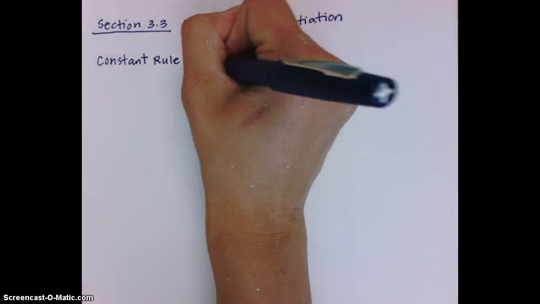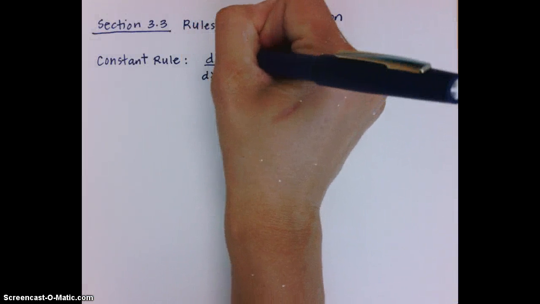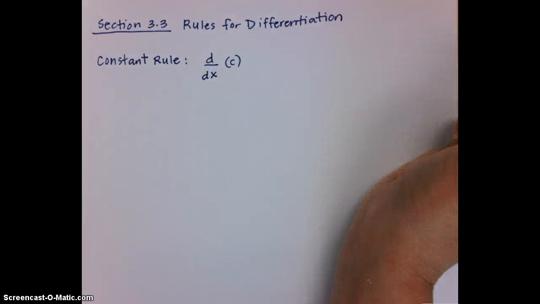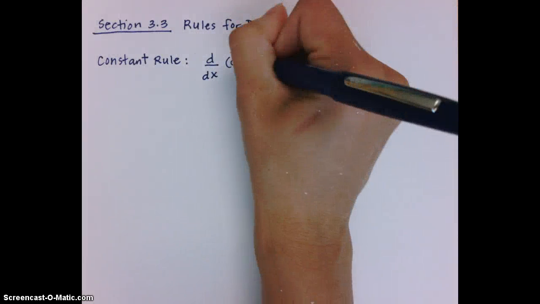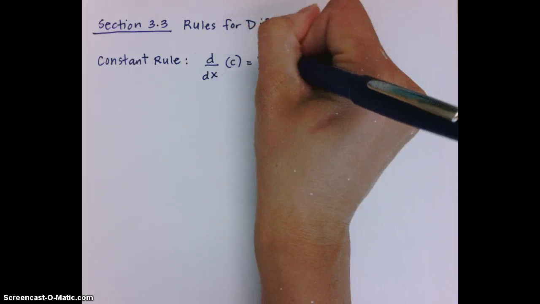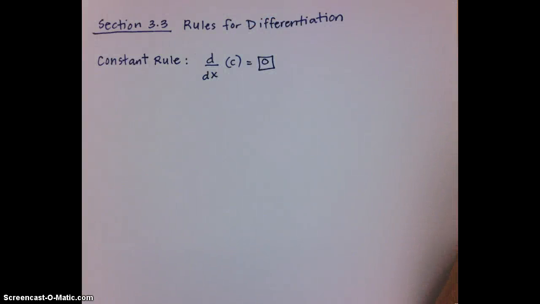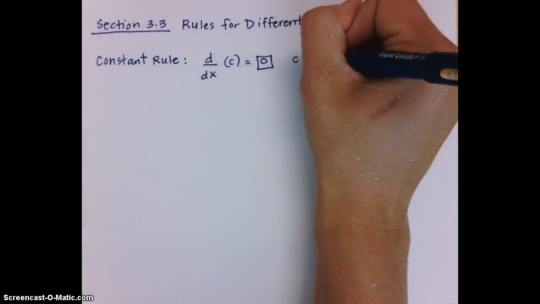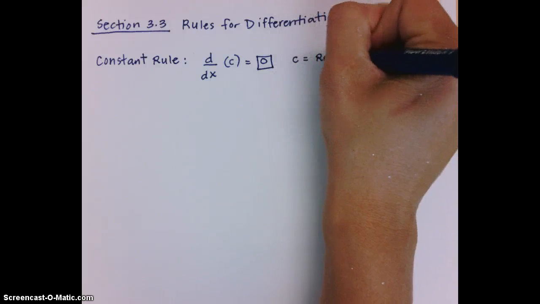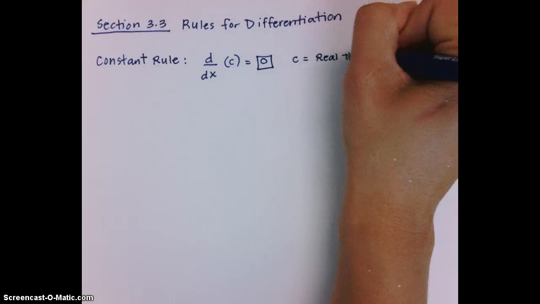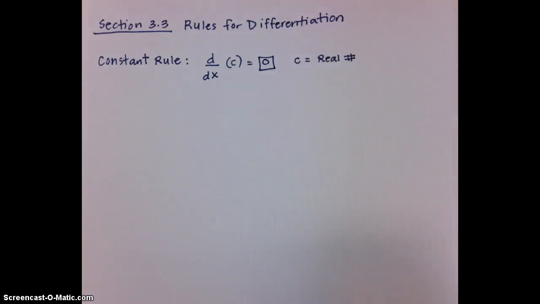So in general, if we want to take the derivative of some constant c, we're always going to get 0 as an answer. So the derivative of a constant is always going to be 0. And again, c is some real number. So the derivative of any number is always going to be 0.